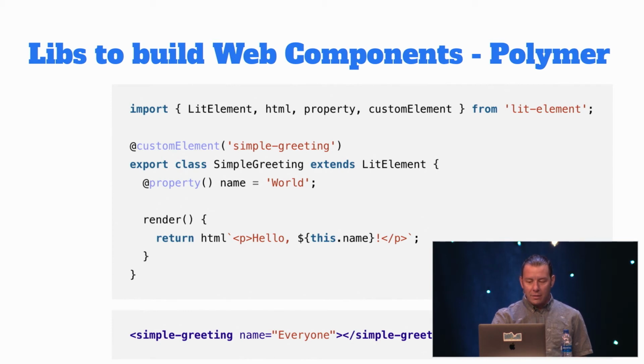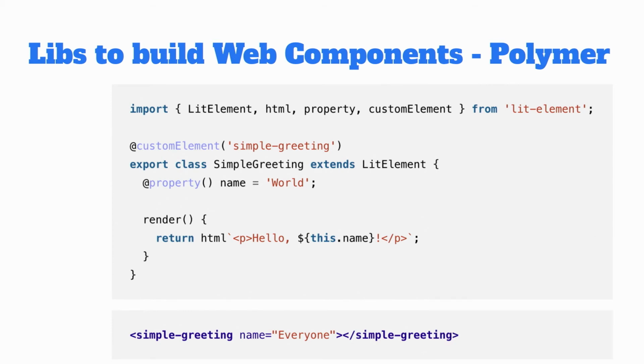There are a lot of libraries that help you remove some of the boilerplate it takes to create these web components. One of them is Polymer, and if you're familiar with React or Vue, it looks pretty similar.